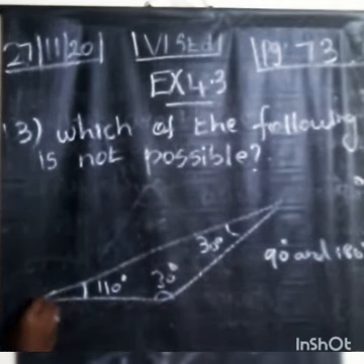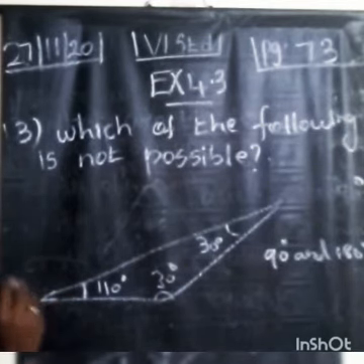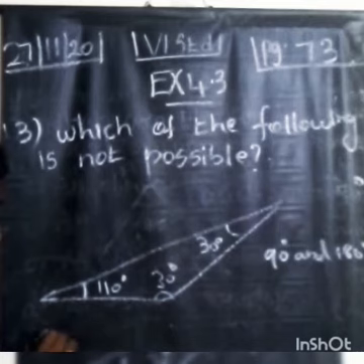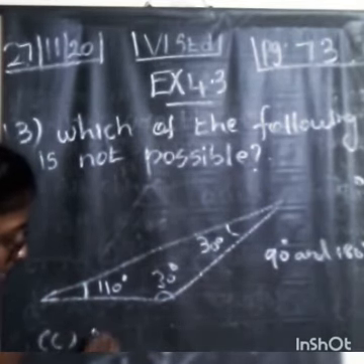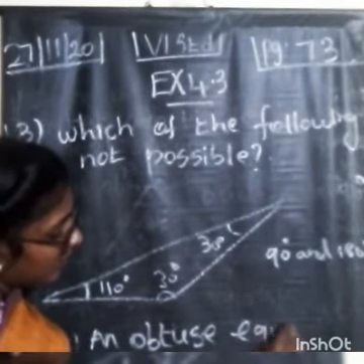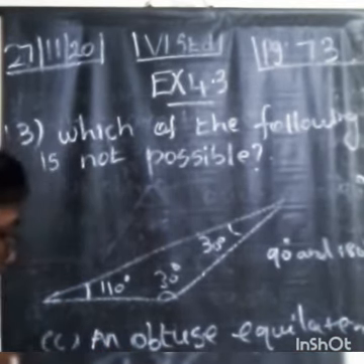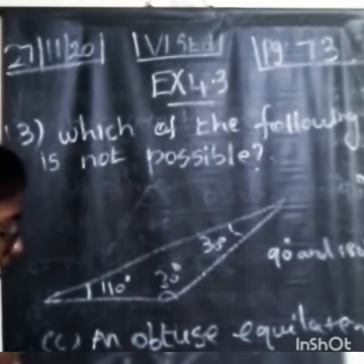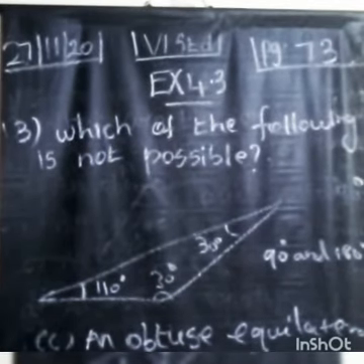So this is not an obtuse equilateral triangle. Therefore, an obtuse equilateral triangle is not possible, so option C is not possible.